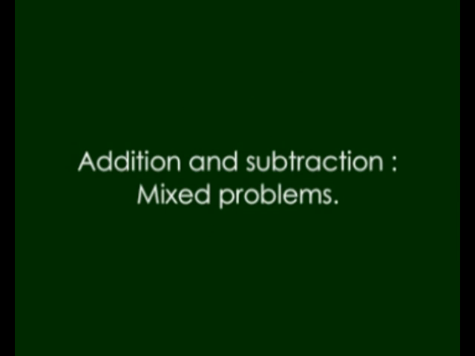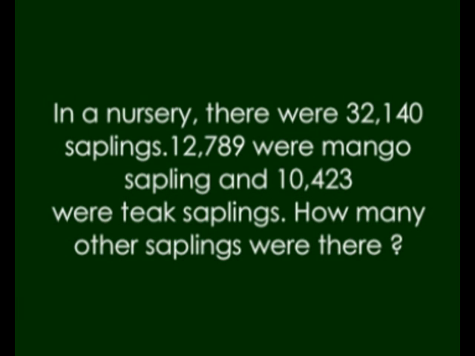Addition and subtraction, mixed problems. In a nursery, there were 32,140 saplings. 12,789 were mango saplings and 10,423 were teak saplings. How many other saplings were there?